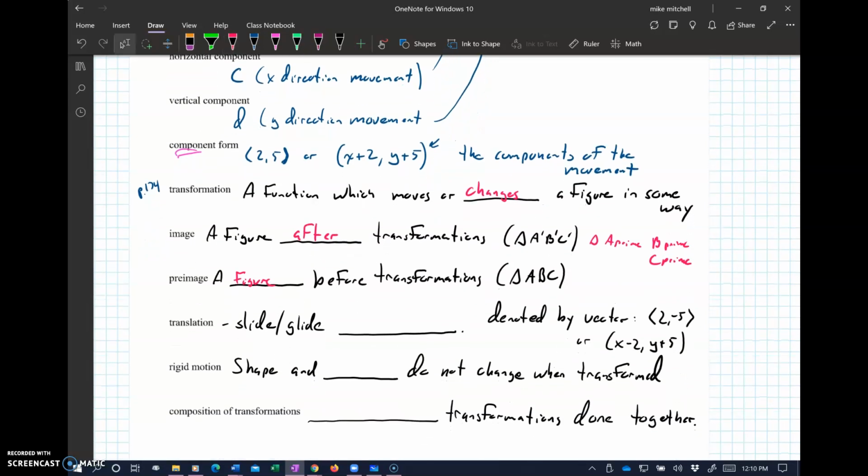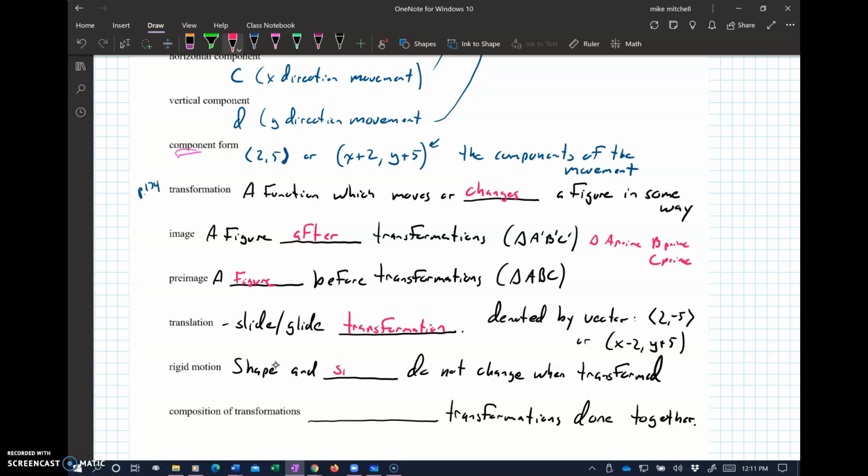A translation is a slide or glide transformation. That slide or glide is usually denoted by a vector on there. Okay, so rigid motion.